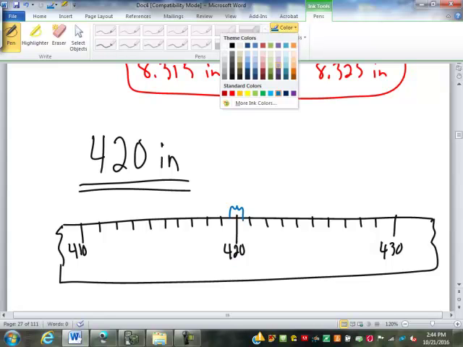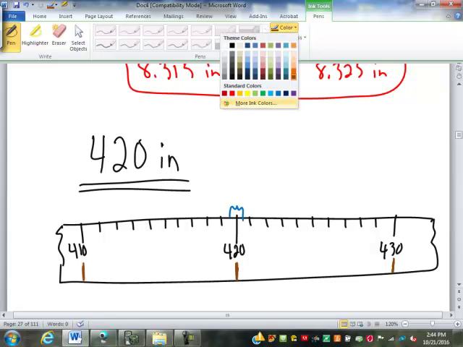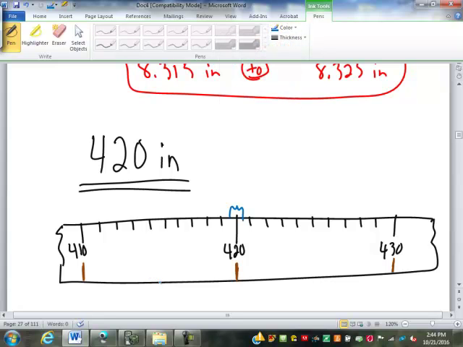Or was this measured on a device that only measures to the nearest 10 inches, and it happened to be closer to 420? There's quite a difference between those two.